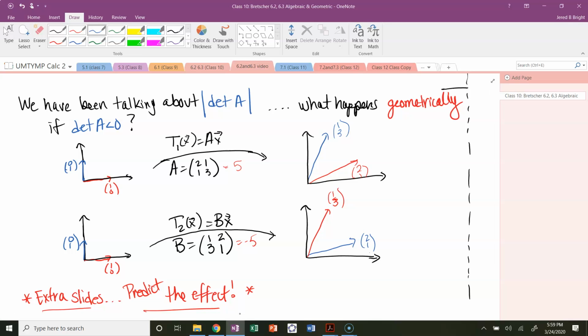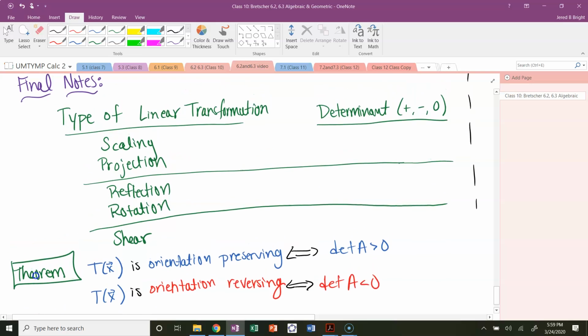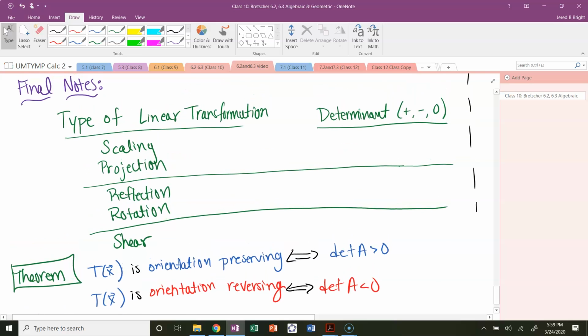Now, as a final wrap up, two more things we need to mention. If we have a certain type of linear transformation, we can maybe determine if the determinant is always going to be positive, negative, or 0. So scaling, is that going to be positive, negative, or 0? Generally, if we're scaling, it's going to be positive. If we're projecting, the determinant's going to be 0.